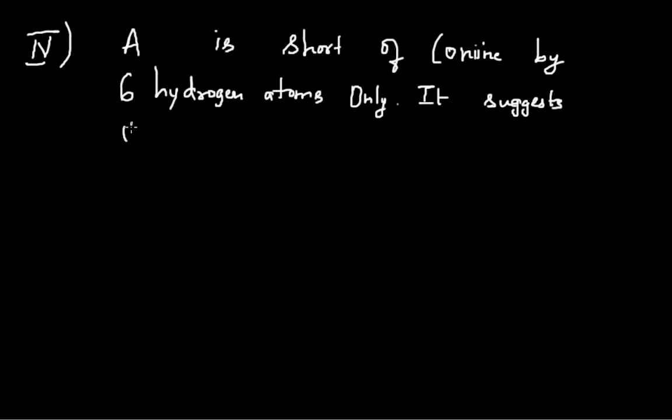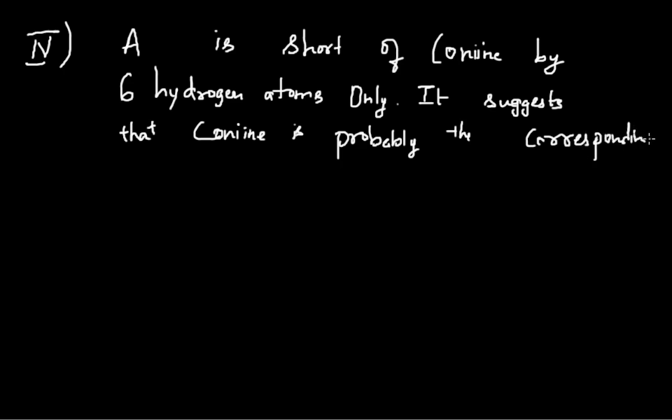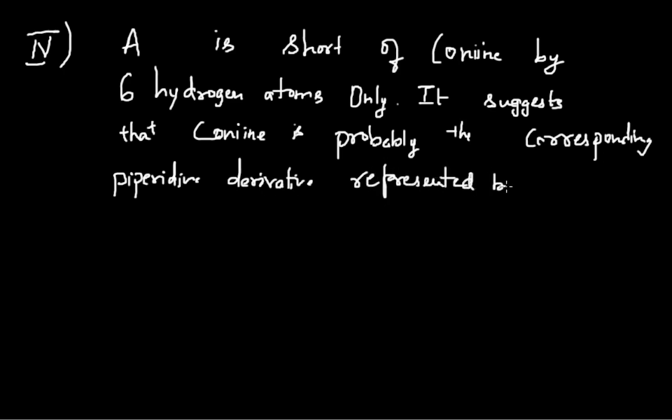It suggests that coniine is probably the corresponding piperidine derivative represented by the following possible structures.